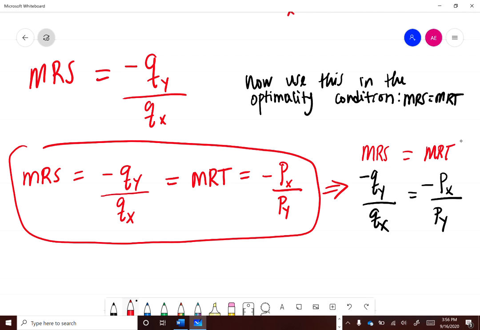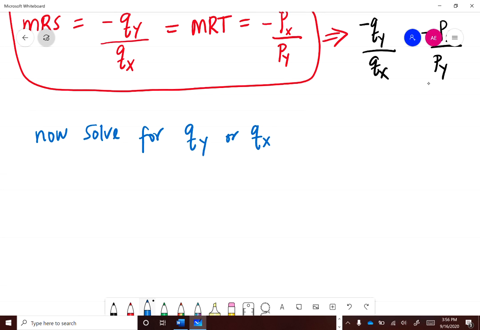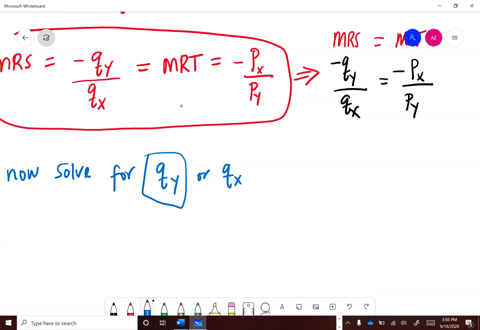Now with this condition, we can solve for QY or QX. So we want to see how QY relates to QX given these prices. So let's go with QY. So from this, right, solve for QY, the numerator, right, so one on top.